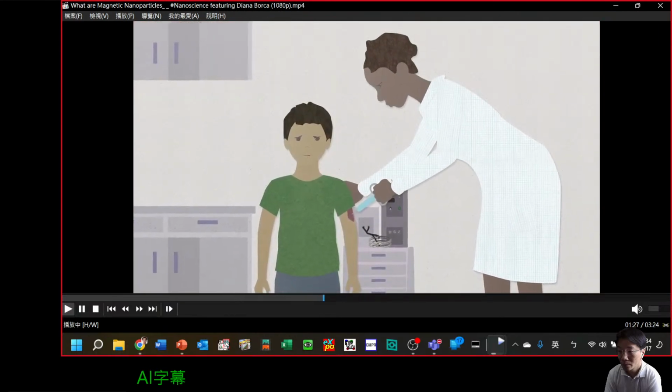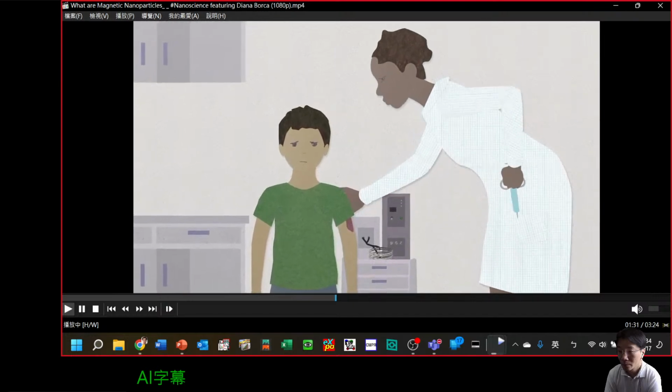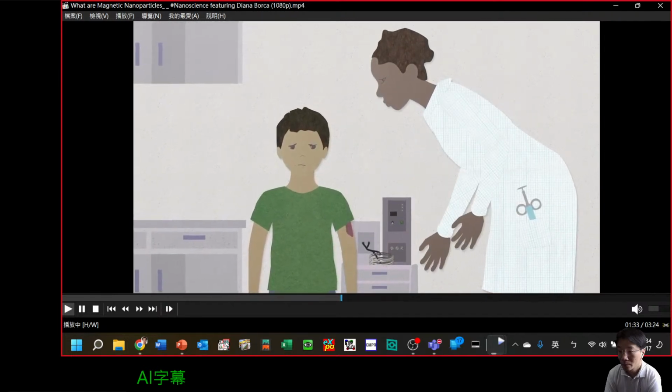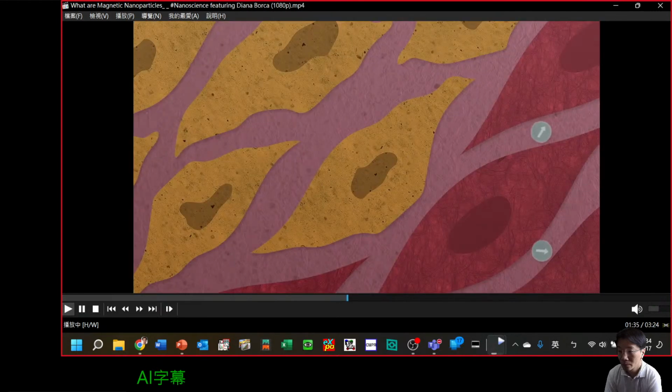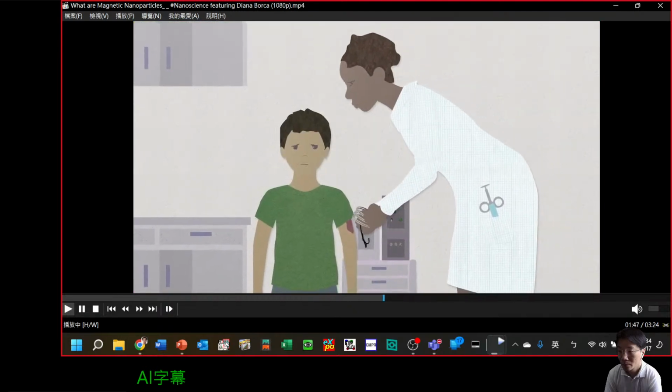This boy has a tumor, but doctors are going to help him by using magnetic nanoparticle therapy. First, the doctor injects the nanoparticles directly into the tumor. Since the nanoparticles are really small, they move randomly around the cells. Now, the doctor puts the tumor in an alternating magnetic field. This makes the nanoparticles move very quickly.